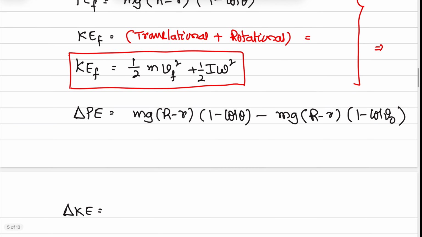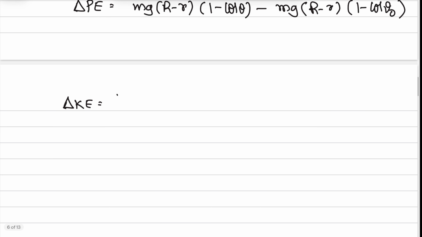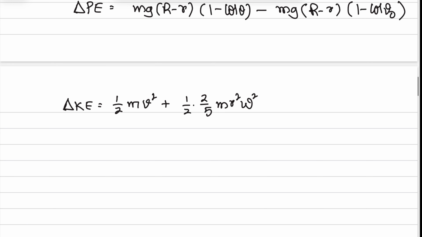And what is the change in kinetic energy? Delta KE is equal to half mv square plus, what is the moment of inertia I for a solid sphere, half into 2 by 5 into mr square into omega square, since I for a solid sphere is equal to 2 by 5 mr square.